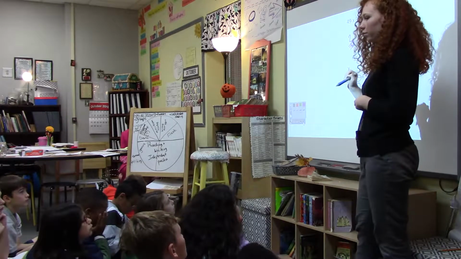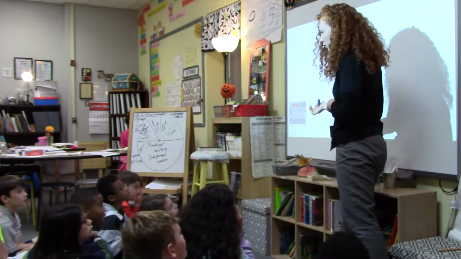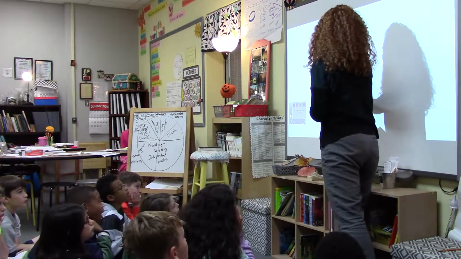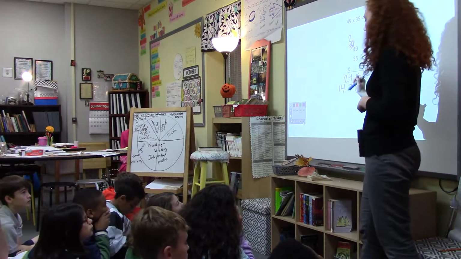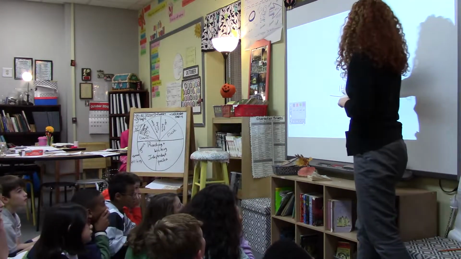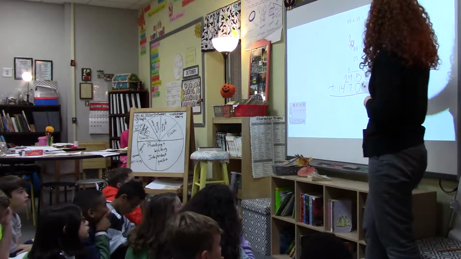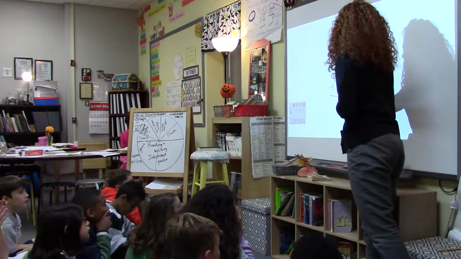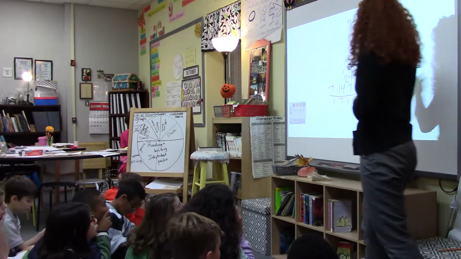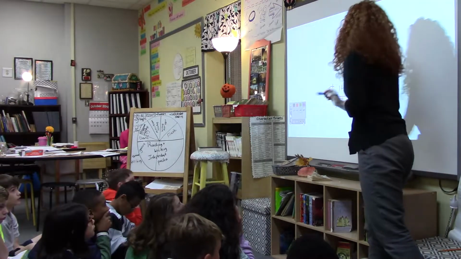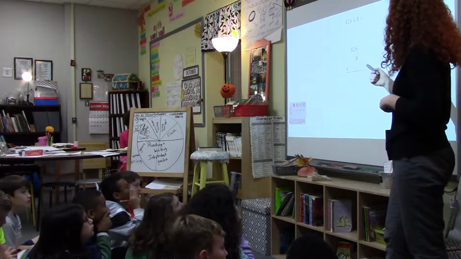So then what do we do? 4 times 3, which is 12, plus the 2. So we get 14. Then we're going to add. So we're going to get 5, 11, and 1. So we got 1,715.